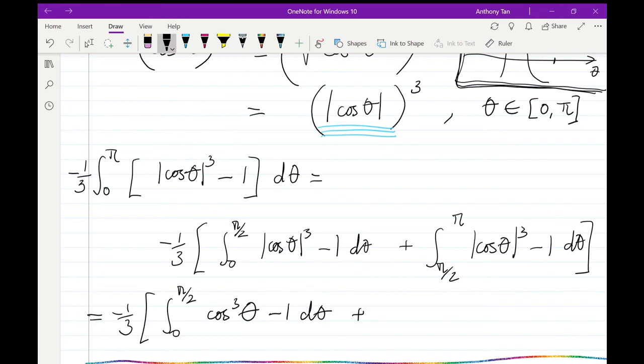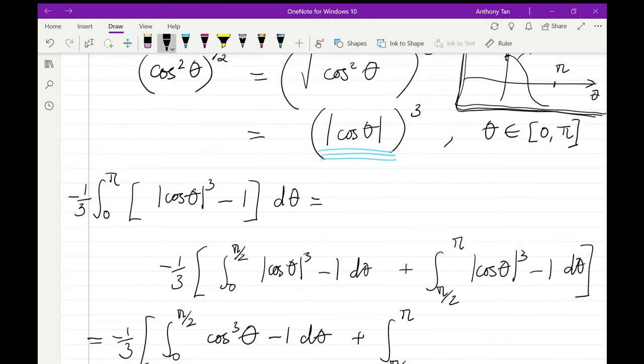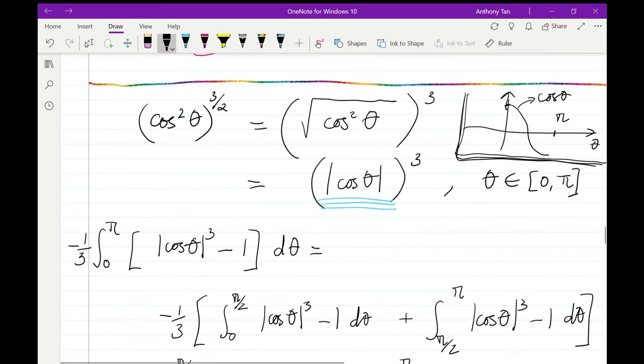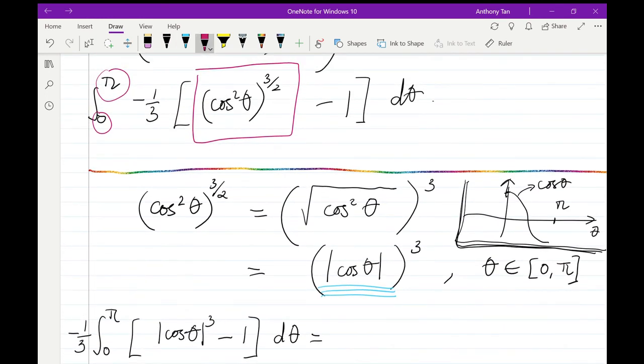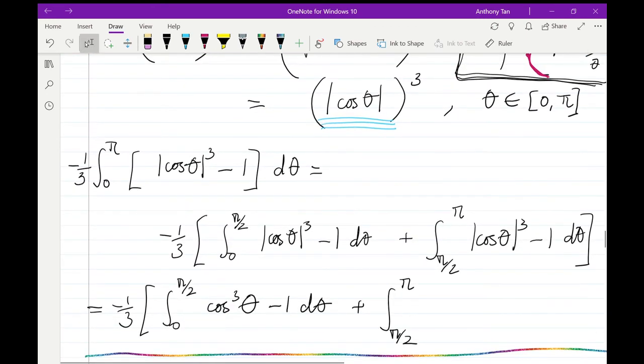Plus, from pi over 2 to pi, because cosine is negative in this range, the absolute value of a negative number means you would have negative of that. So it would be negative cosine theta cubed minus 1.